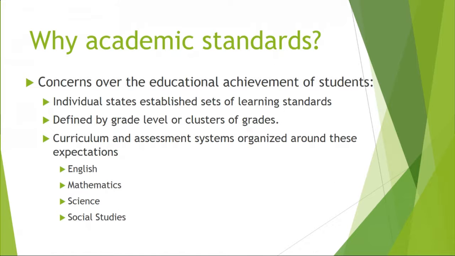And what happened was states developed their own standards, and that was the way it was for about 100 years or so, until the Common Core state standards came about 6 or 7 years ago now. And that showed a marked change from what was before. And I'll give you an example of something that could have happened.